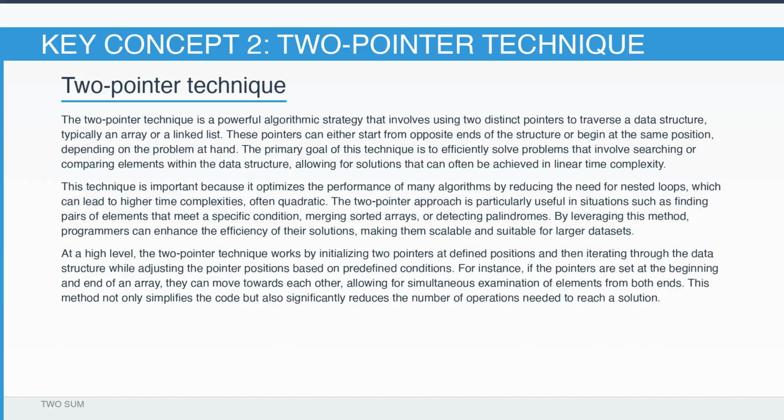The two-pointer technique is a strategic way to tackle problems involving arrays or linked lists by using two distinct pointers. These pointers can start from opposite ends or the same position, depending on what you're trying to achieve.